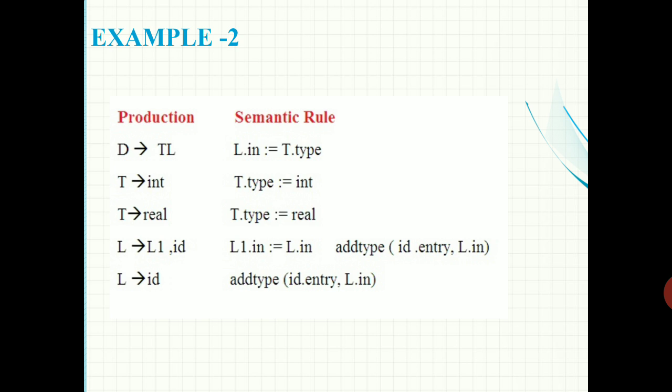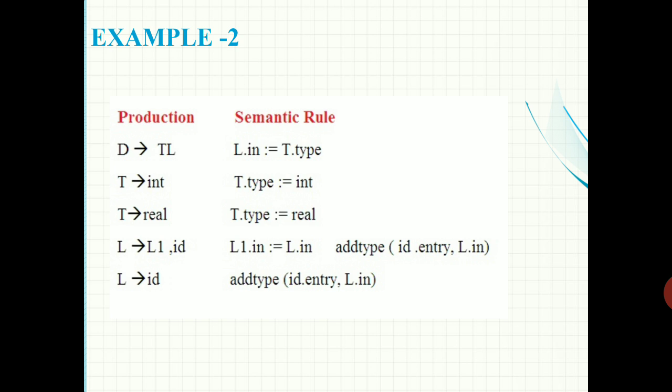Then you can see that T.type = int. Then in the second production, T.type = real, that is, the value of T is evaluated from its children. So type is a synthesized attribute.